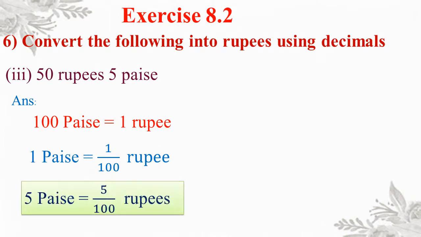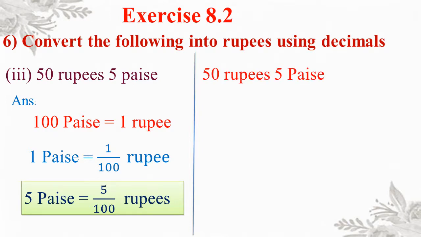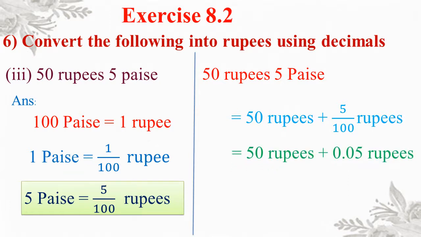Similarly, 5 paise equal to 5 by 100 rupees. So here 50 rupees 5 paise can be written as 50 rupees plus 5 by 100 rupees. So in decimal form we get 50 rupees plus 0.05 rupees. So therefore 50 rupees plus 0.05 rupees is 50.05 rupees.